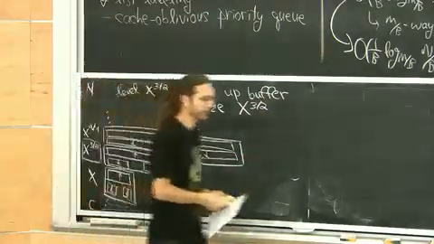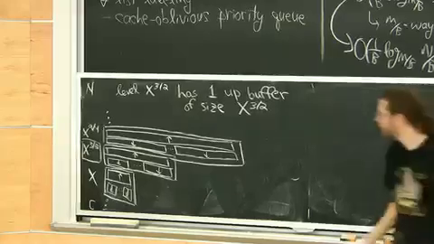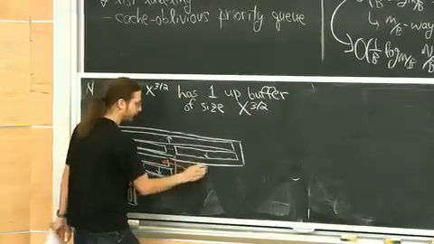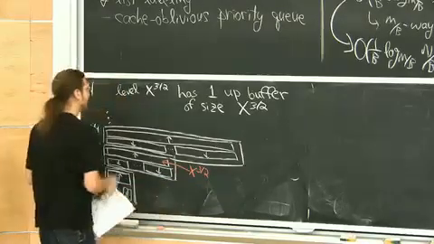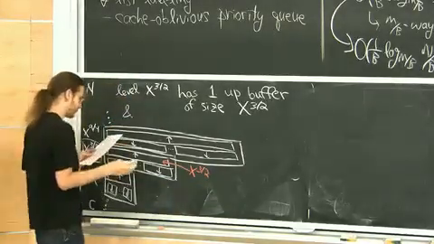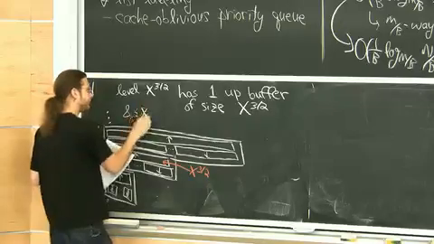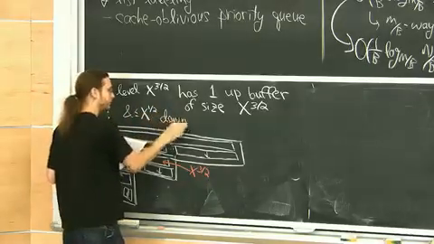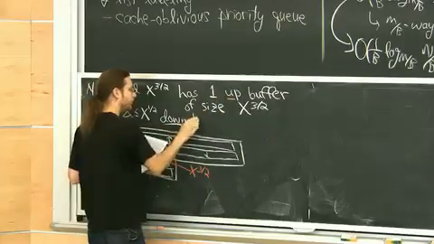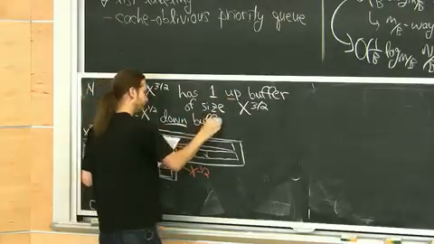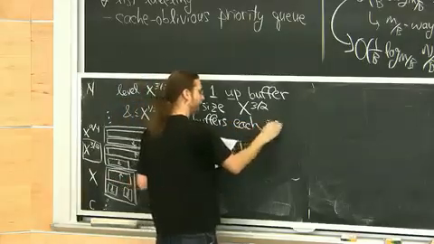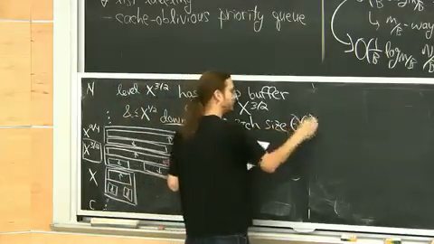So this buffer here is x to the 3/2. And then we also have up to x to the 1/2 down buffers, each of size theta x.